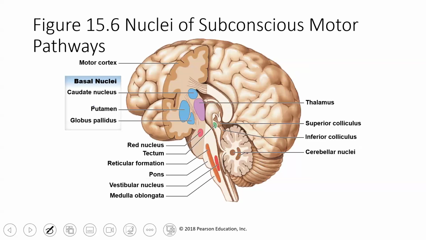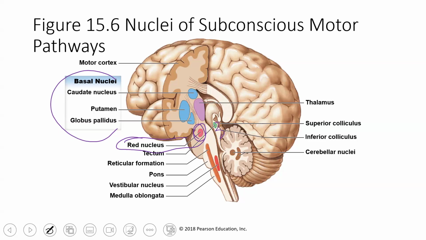Right, figure 15.6 in your book, nuclei of the subconscious motor pathways. So we look here over at the basal nucleus, consisting of the caudate nucleus, putamen, globus pallidus, a little bit more than just that, but that's a good representation right there. And then we see the red nucleus. We just talked about that. Homer Simpson rolling around on that red carpet, inflection protection.